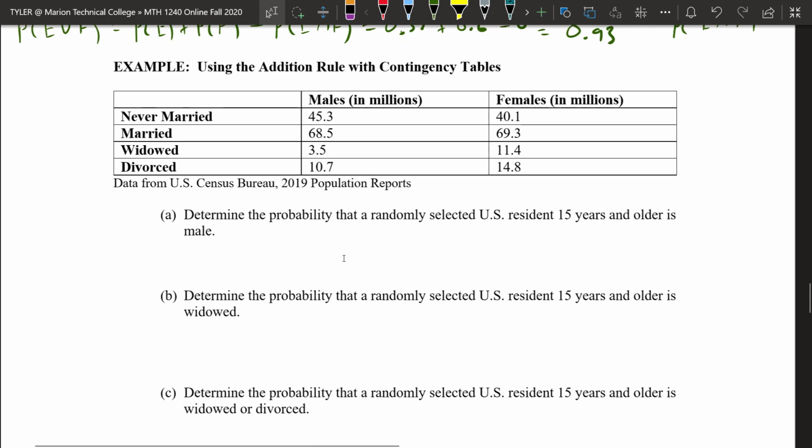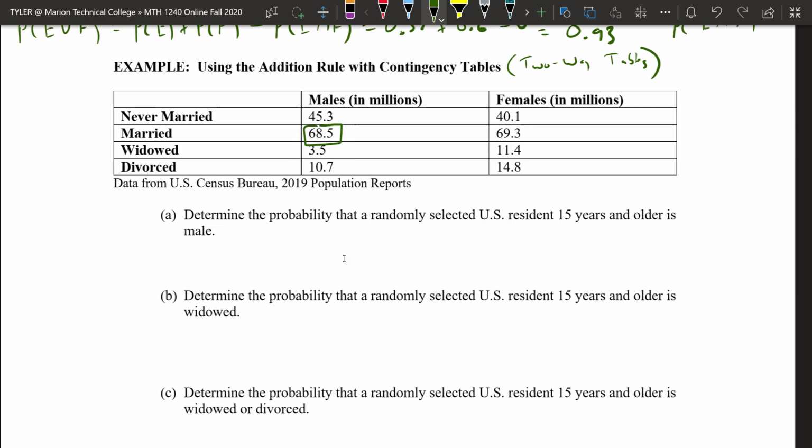So now what I want to do is use the addition rule with contingency tables, and these are also called two-way tables. What these tables do is essentially give you a count in different categories. So if I look at this number here, 68.5, that is the number of males that are also married, and these numbers are all in millions.